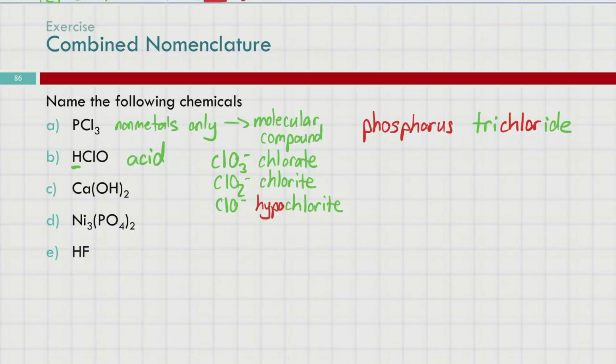So hypochlorite is the one that we've got here, ClO. So we take our hypochlorite and we change the ending. The ITE turns into OUS. So hypochlorous, and we add acid at the end. Hypochlorous acid.